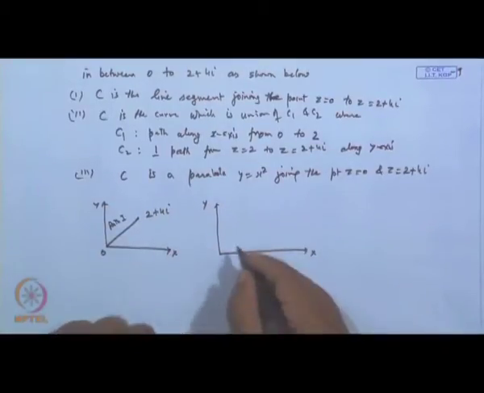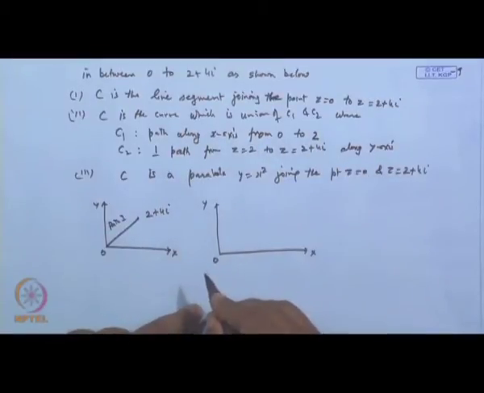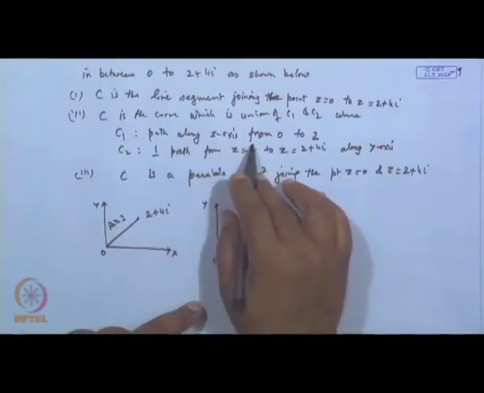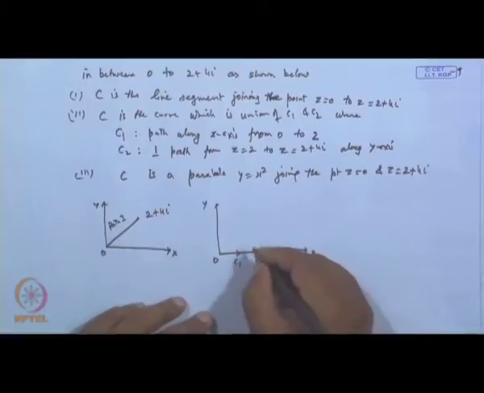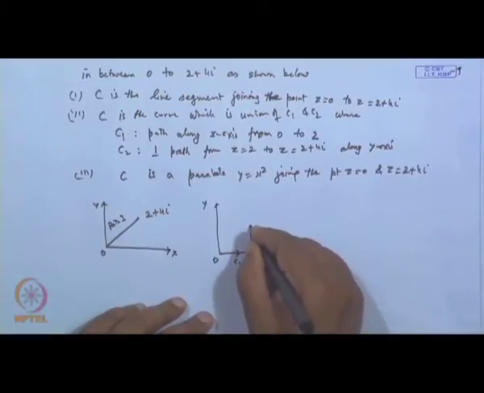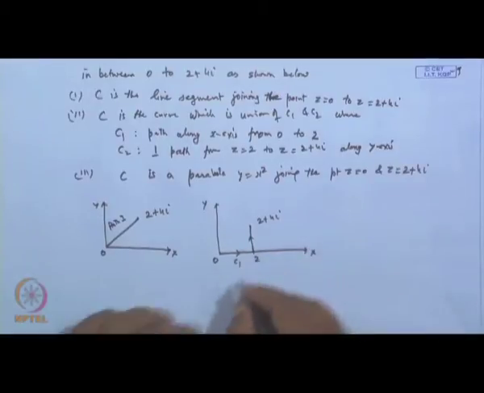The second path says C is the curve which is the union of C1 and C2, joining the path along the x axis from 0 to 2. So, 0 to 2 is C1, and then 2 to 2 plus 4i in a vertical direction is C2.